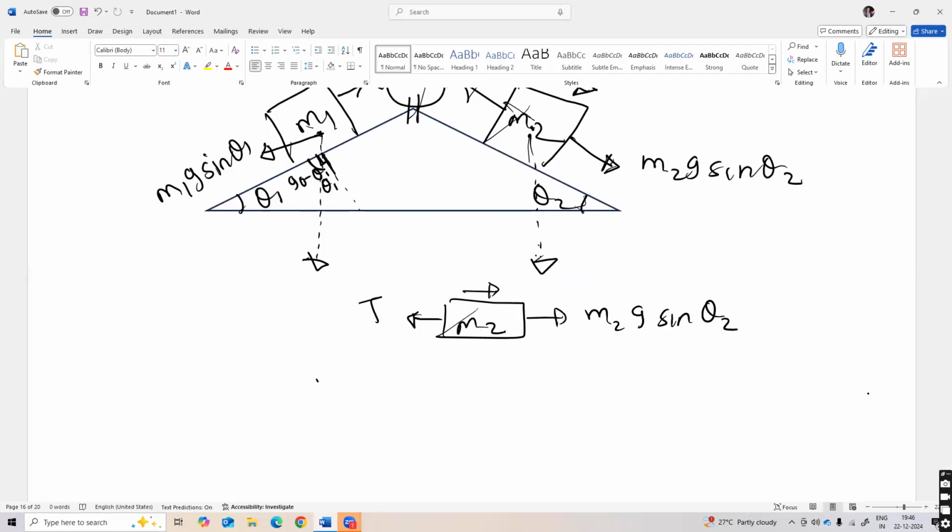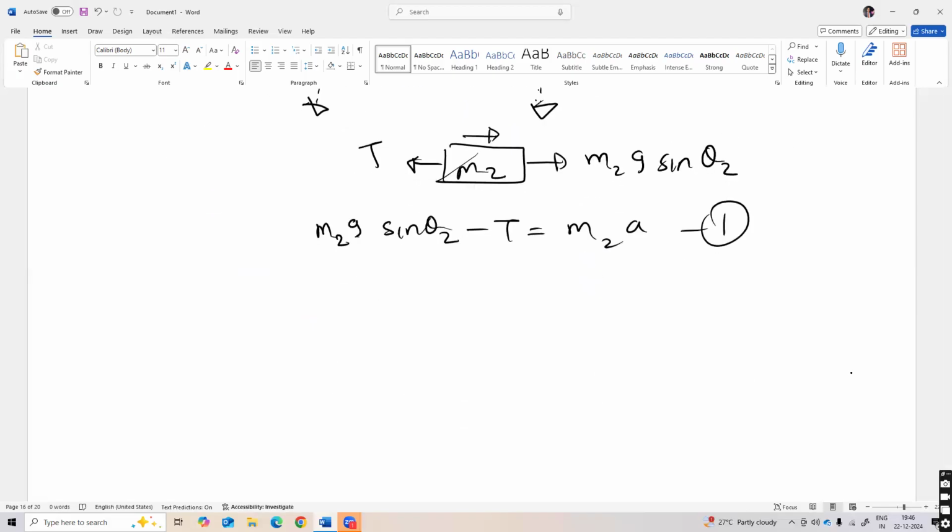Since it is moving to the right side, we will consider forces towards the right-hand side as positive. So m2 g sine theta 2 minus T is equal to m2 into acceleration. So this is equation 1.